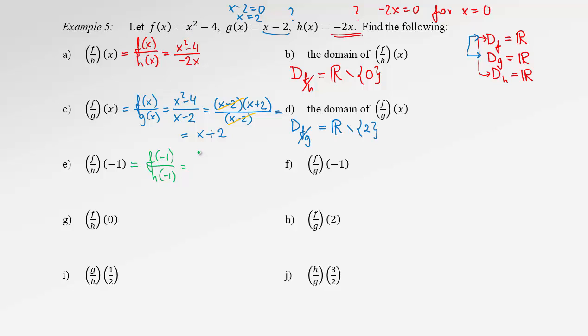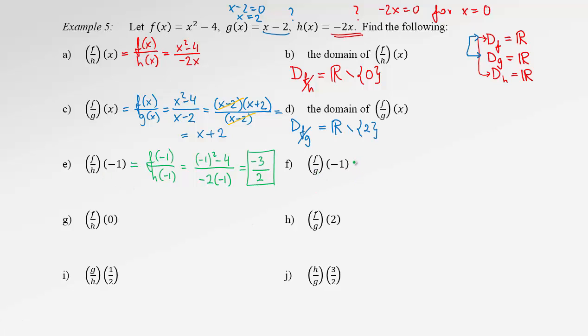That tells us take the input, square it, and subtract 4, over the h function. That tells us multiply the input by -2 and calculate. So we have 1 minus 4, that's -3 over +2. The final answer, -3/2. That's the value.